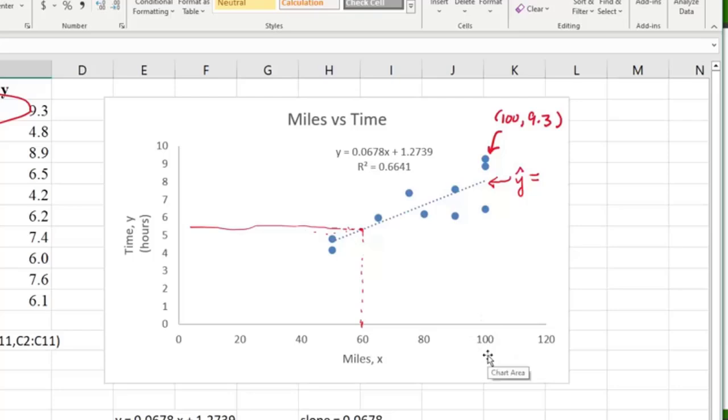No, it's going to be different, depending on the weather, the traffic, the driver. Depending on many different factors, it's going to vary. So the number of miles doesn't completely determine the time it'll take. There are a lot of other factors that we're not including when we just use the miles.